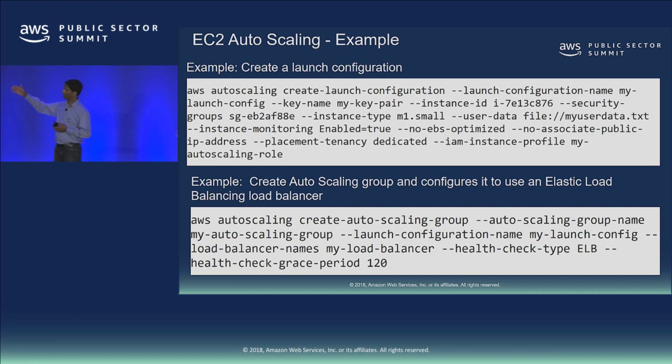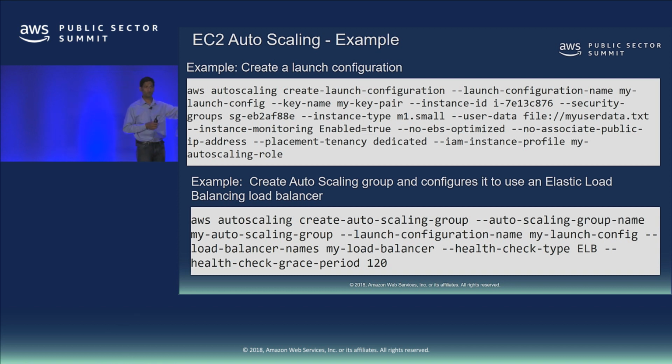Once you have your launch configuration, the next step is to create your auto scaling group. When you're creating the auto scaling group, all you are doing is passing the launch configuration that you created in the earlier step, and telling the auto scaling group to leverage that and register any new instances launched as part of auto scaling with a load balancer. So that way it's all automated.